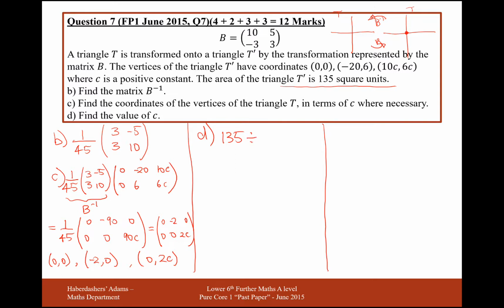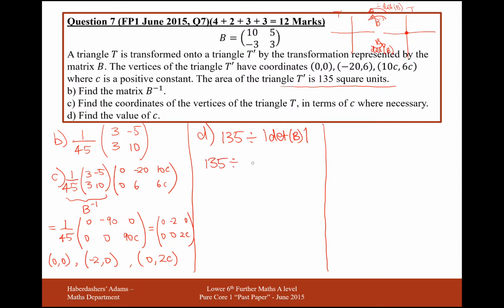So if you look at the diagram in the top right, if we have transformed our coordinates by B, then we have times the area by the determinant of B. But if we're working backwards, then we need to divide our area by the determinant of B. Let's just write down our workings.